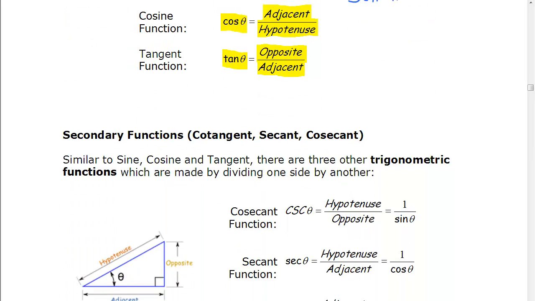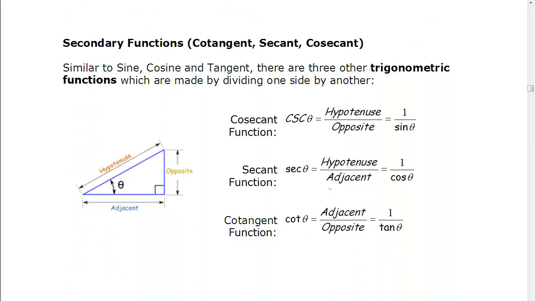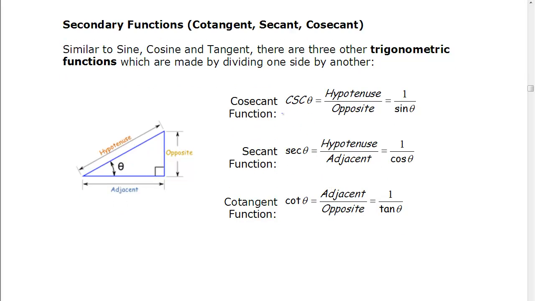We also have secondary functions, and I'll just briefly mention these here. Secondary functions are called cosecant, secant, and cotangent, and those are CSC, SEC, and COT for abbreviations. These are actually reciprocal functions.